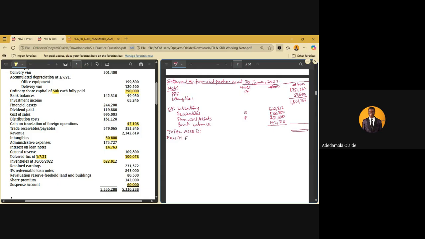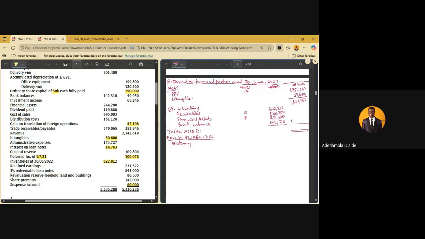Equity and liabilities. Are we there? Total current 1,535,422.